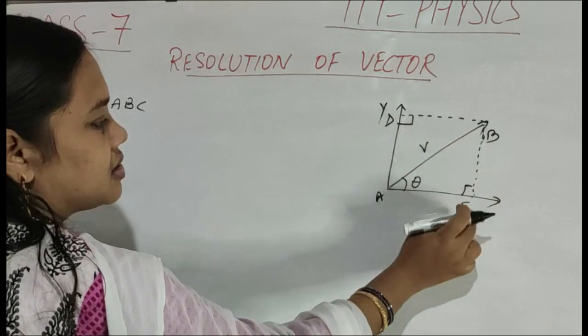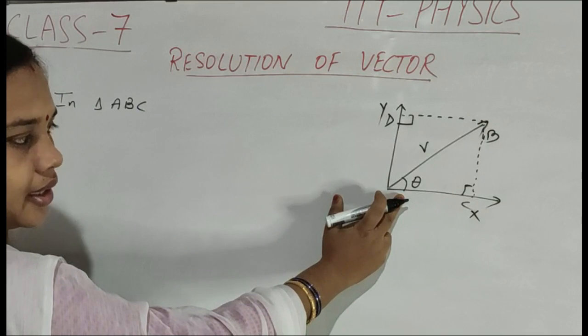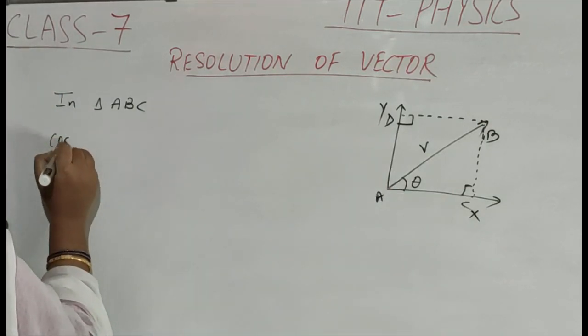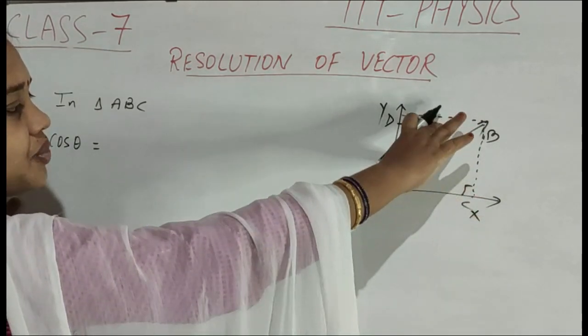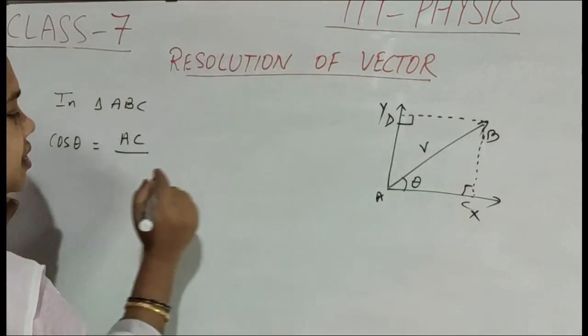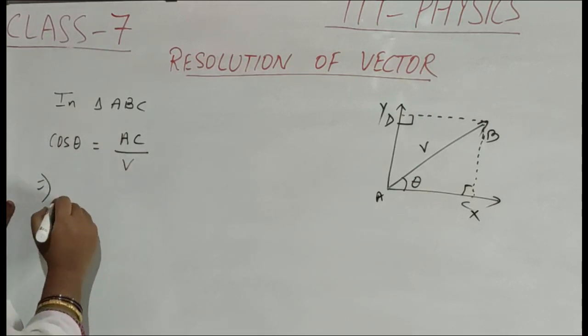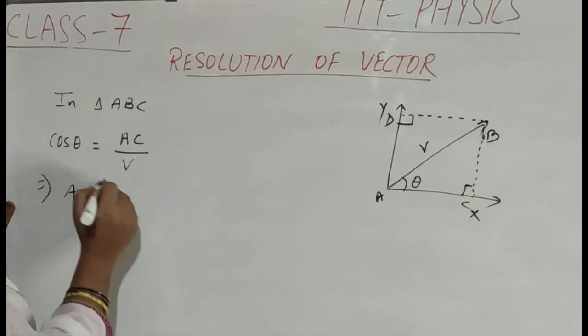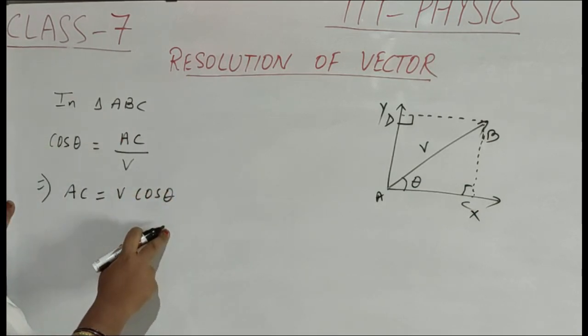What is the reference angle? Theta. So find cos theta. Cosine of theta is equal to base by hypotenuse. The base is AC, the hypotenuse is V. So by cross multiplication, AC is equal to V cos theta.